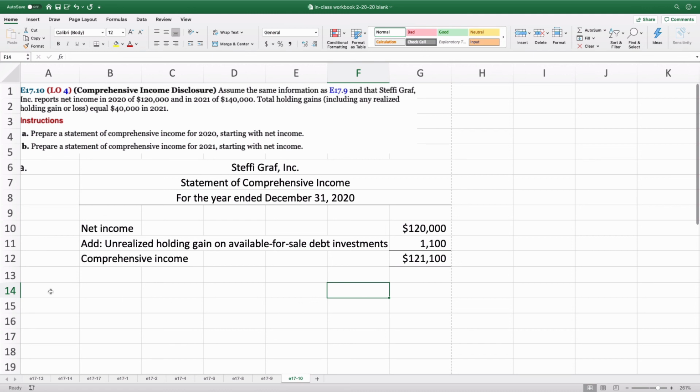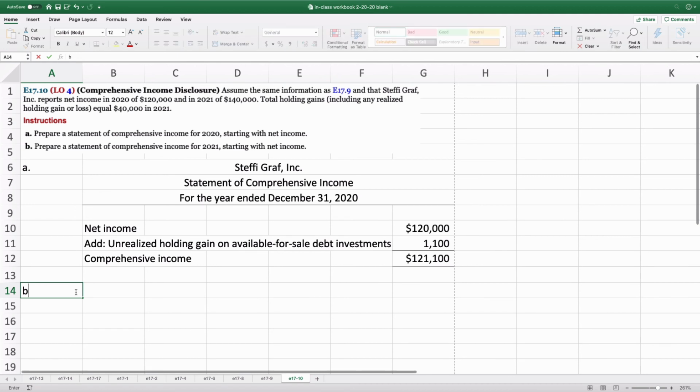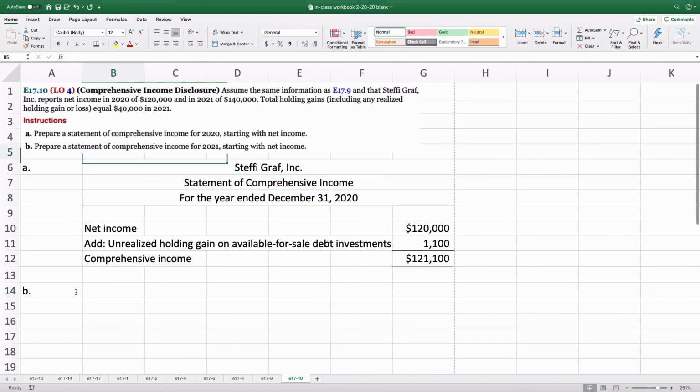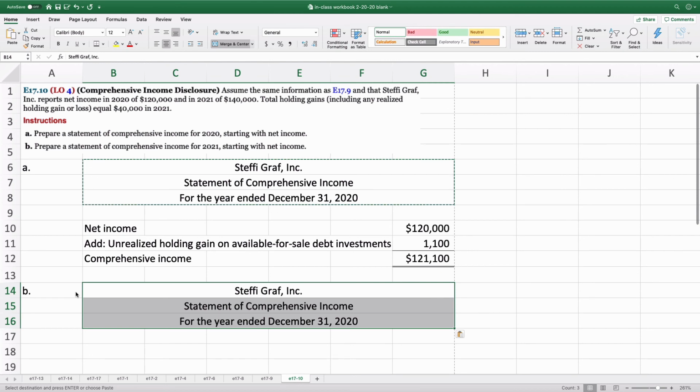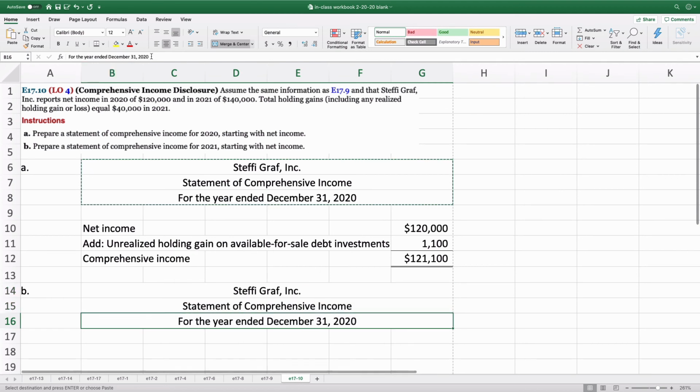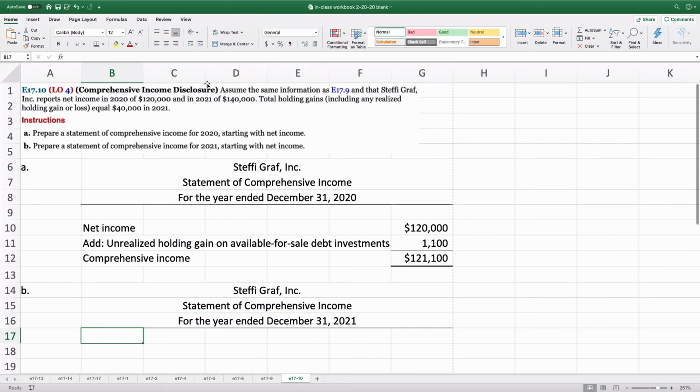Now what happens in 2021? In 2021, we're going to do the same thing. And in fact, I'm going to go up here and copy this header right down here. I'm going to change the date because it's for the year ended December 31, 2021. And we're going to start out with net income. And net income now is $140,000.